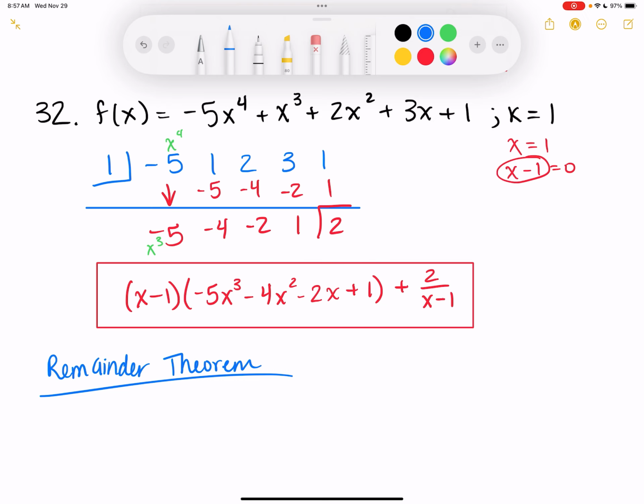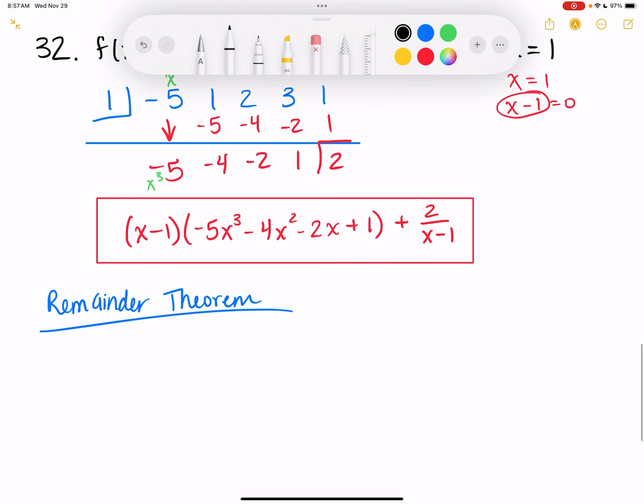It doesn't tell you anything else other than the remainder, but if it tells you that much, that's good. So 34: f of x is equal to x squared minus 4x minus 5, and k is equal to 5.